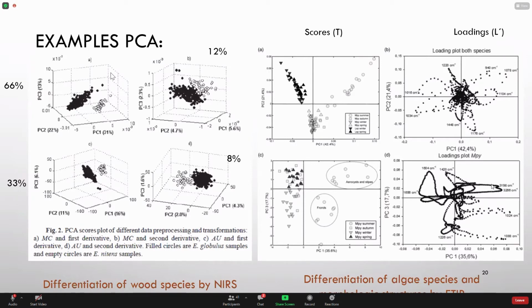So I can conclude that near-infrared spectroscopy is a good tool to differentiate these wood species, but we can improve, but maybe it's enough for analysis in order to see if the analytical technique is useful.